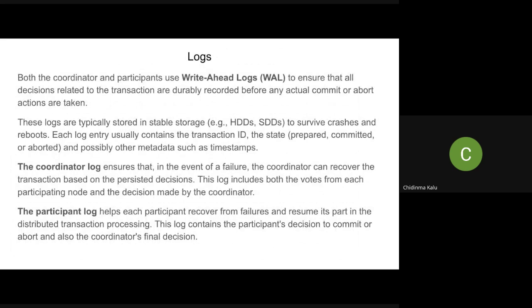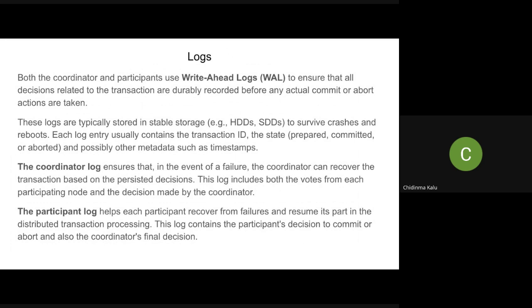Somebody mentioned write-ahead logs earlier, and I'm grateful that I did this here. So basically, two-phase commit uses write-ahead logs to ensure that decisions taken related to the transaction are recorded before any actual commit or abort actions are taken.